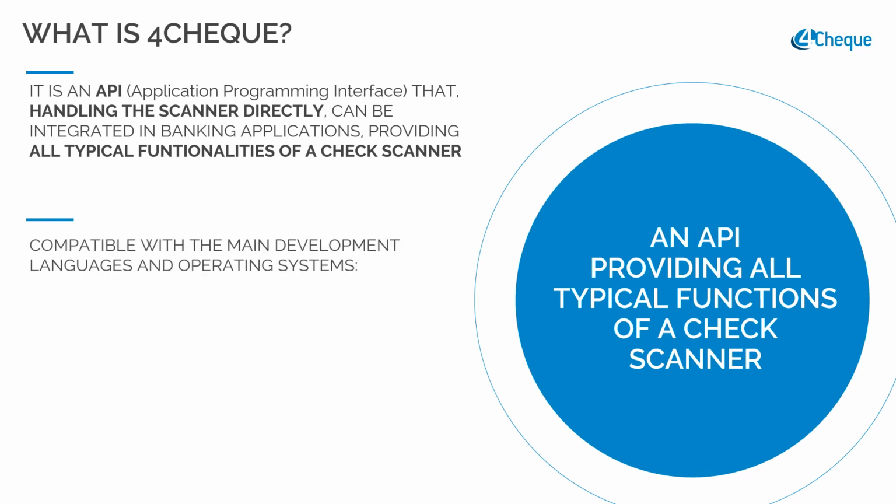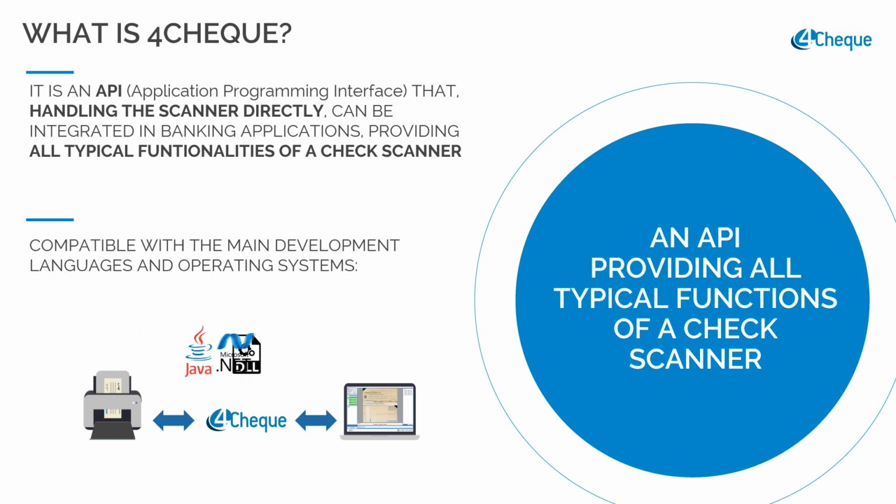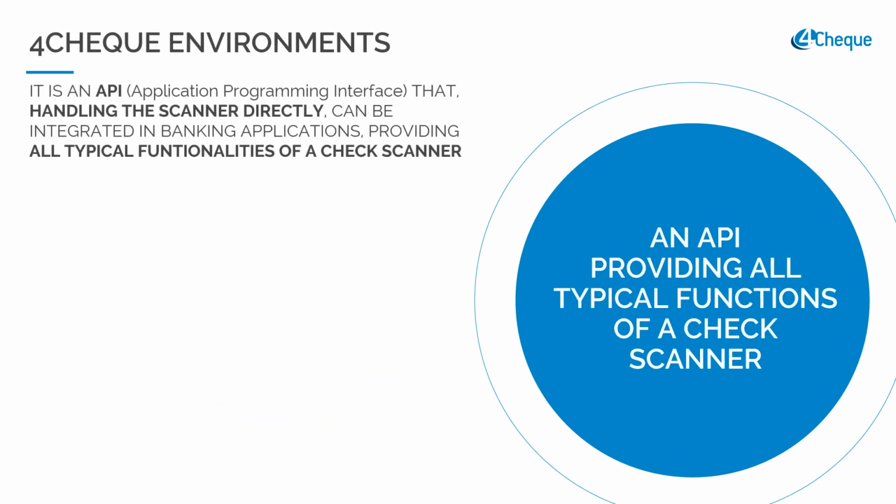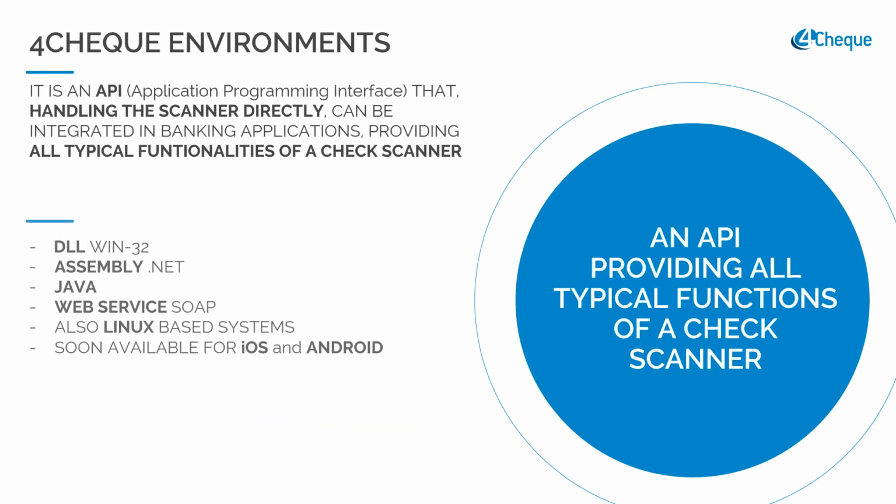This solution is compatible with the most common development languages and operating systems. 4Cheque is based on various libraries available in different environments depending on the customer needs in order to be easily integrated in the banking system. 4Cheque is already available in the following main formats: standard DLL, Win32, assembly .NET, Java Layer, or web services. It is ready also for the main Linux distributions and soon for iOS and Android environments too.